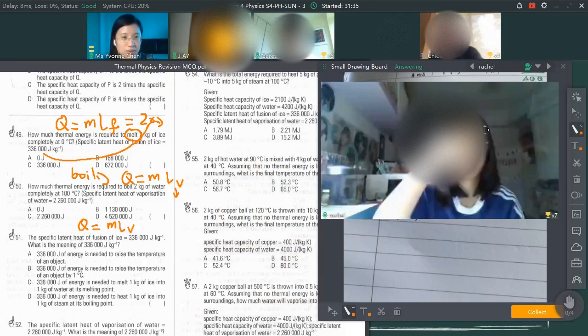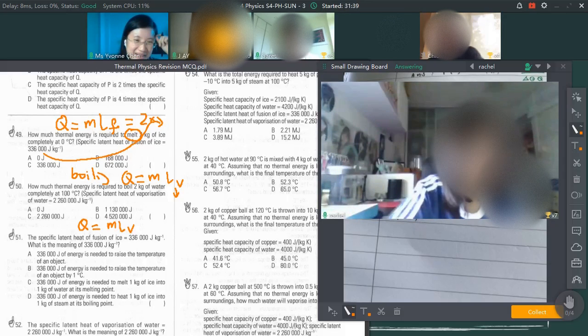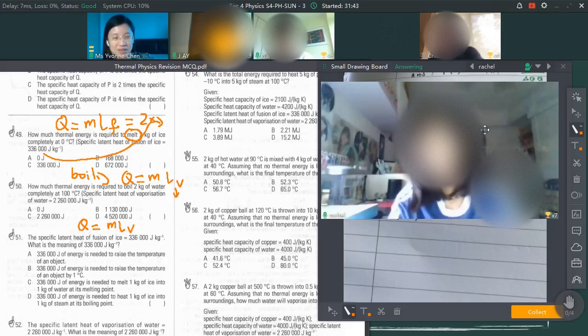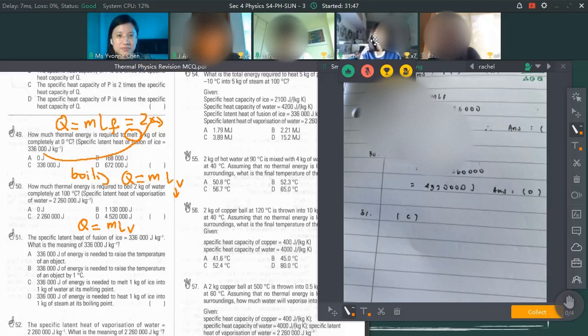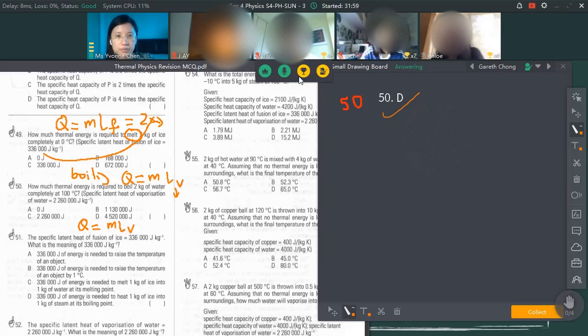So, Rachel, your thermophysics okay? You did quite well so far. Gareth, well done for question 50.